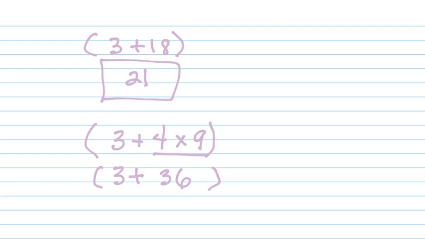Right? So everything that you're not working with, bring it down and just do one step at a time. I know that it makes you have to write one more thing, one more line. You'll live. Okay?